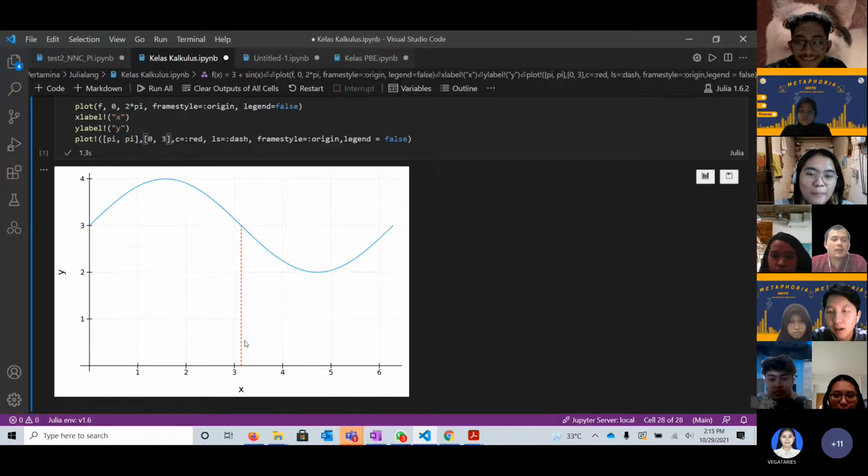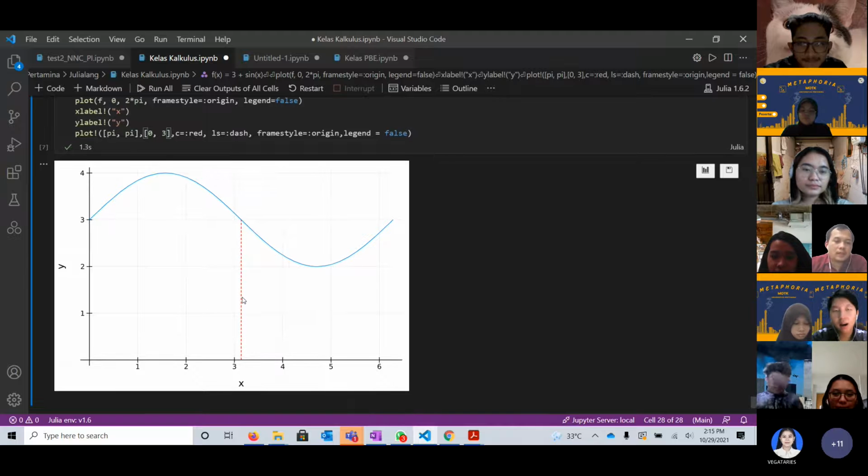You see here we have pi here, right? So we see that the curve is concave down from 0 to pi and concave up from pi to 2 pi.